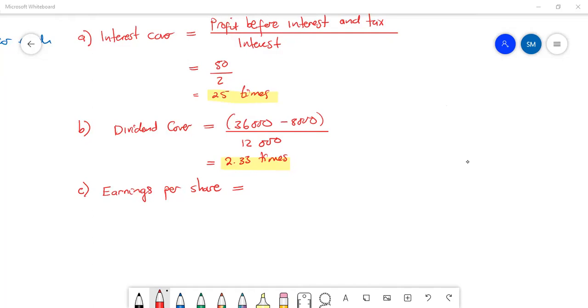Net profit minus preference dividend divided by the number of ordinary shares.